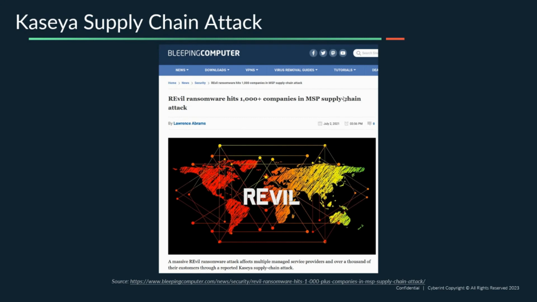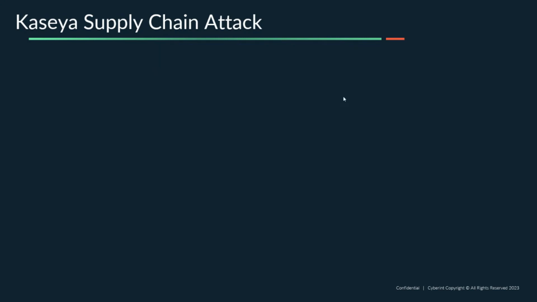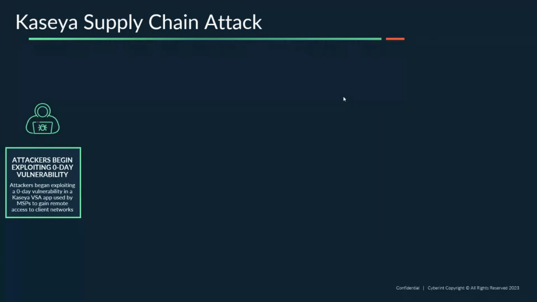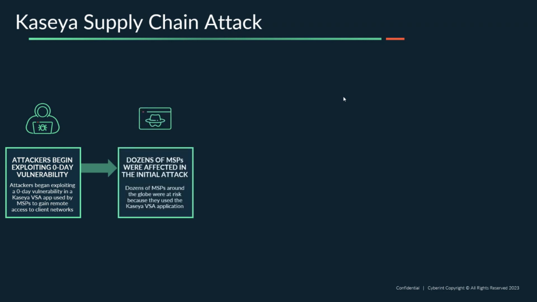In this case, REvil, again a ransomware group, actually leveraged a 0-day vulnerability in one of Kaseya's applications that is used by MSPs to control the remote devices that they're operating on behalf of their clients. So they used this vulnerability to access the MSPs and their control systems that control the various security devices and other devices for those MSPs' clients. MSPs naturally have very privileged and sensitive access to their clients' backend systems.